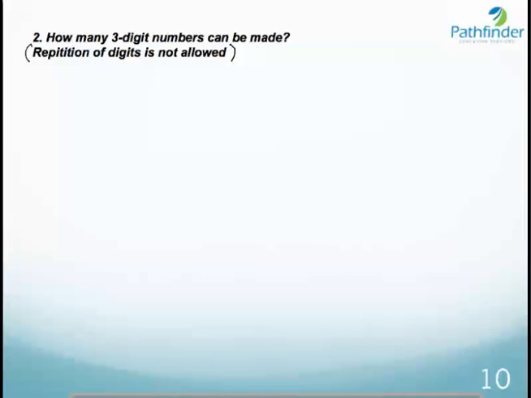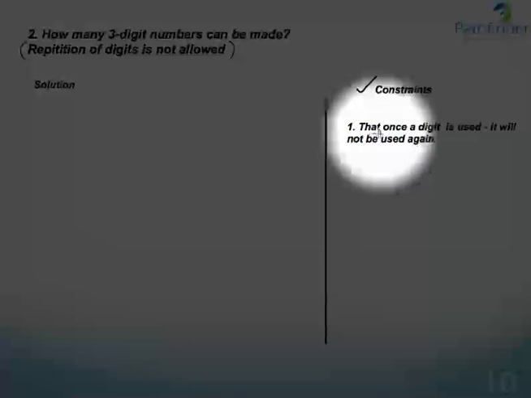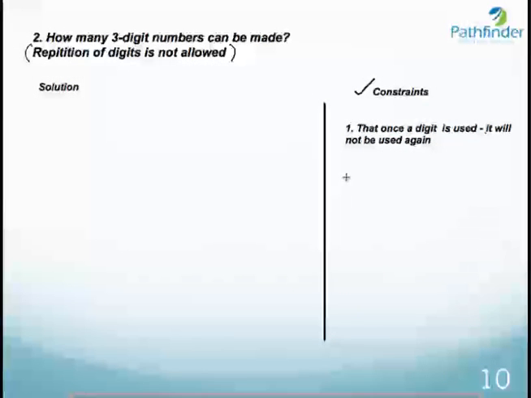So how do you solve this particular question? Once again, let us list all the constraints on the right hand side of this partition. So what is our constraint number one? The first constraint is that once a digit is used, it will not be used again. The second constraint, once again we have to form a three-digit number only.